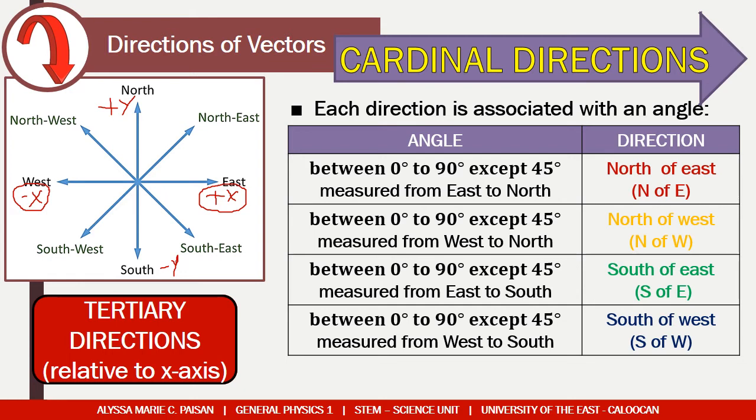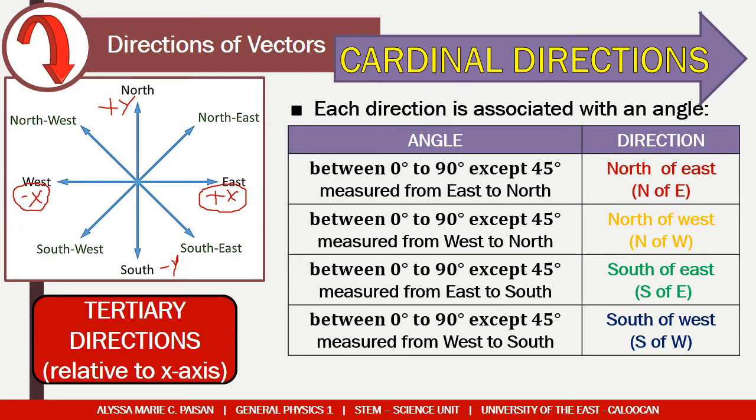So, hindi siya magzi-0, hindi siya magni-90, and it won't be also a value of 45 degrees. If it's 45 degrees, you already know that it's not gonna be north of east. There is no off. If it's 45, there is no off. Okay?